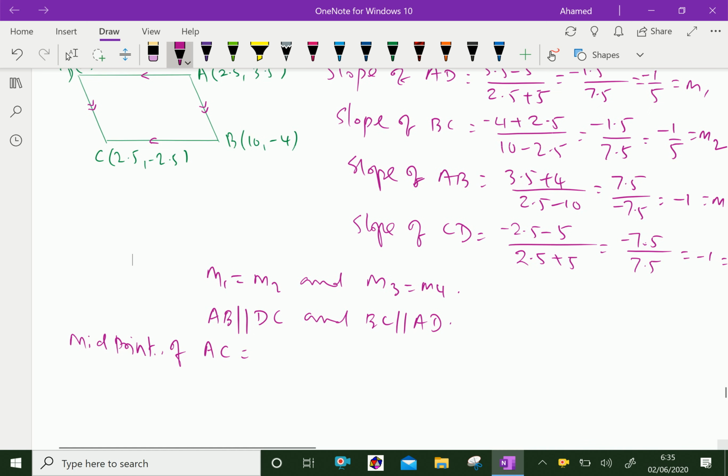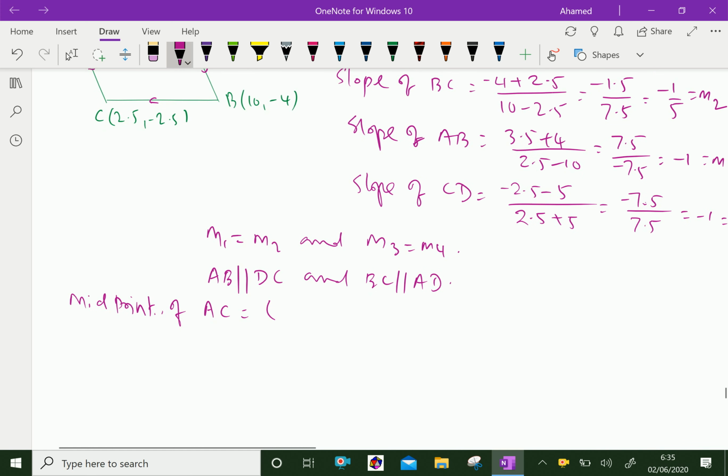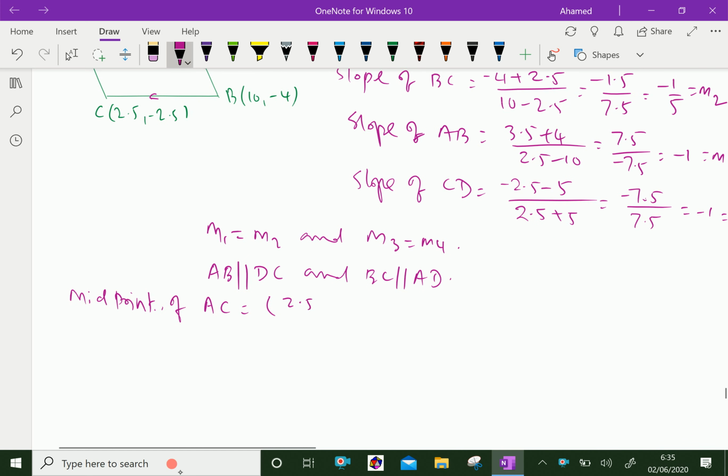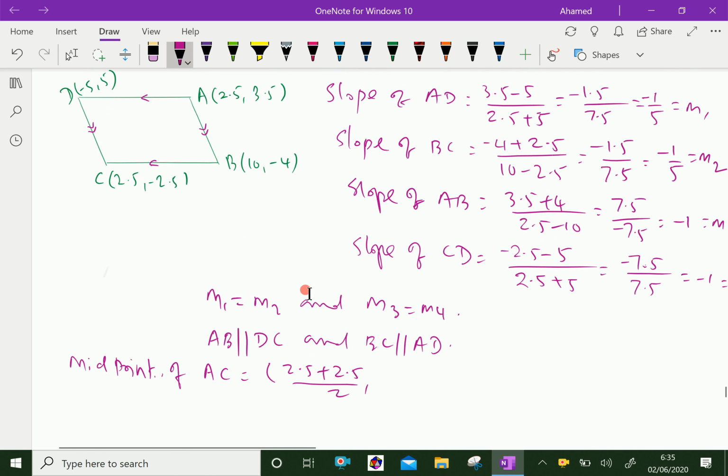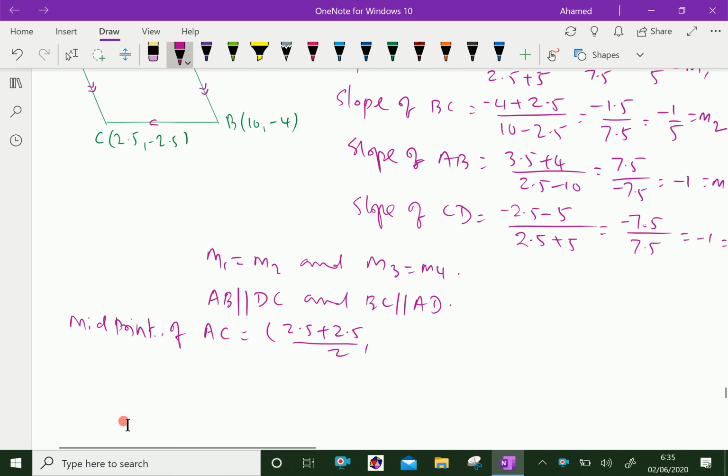So we have to add x values and y values. X is (2.5 plus 2.5) by 2, comma, same for y values, (3.5 minus 2.5) by 2.